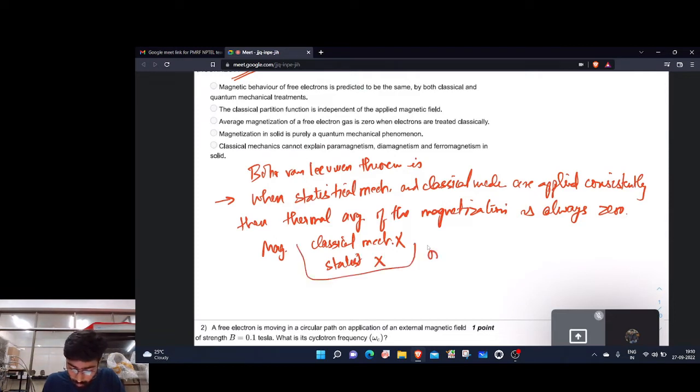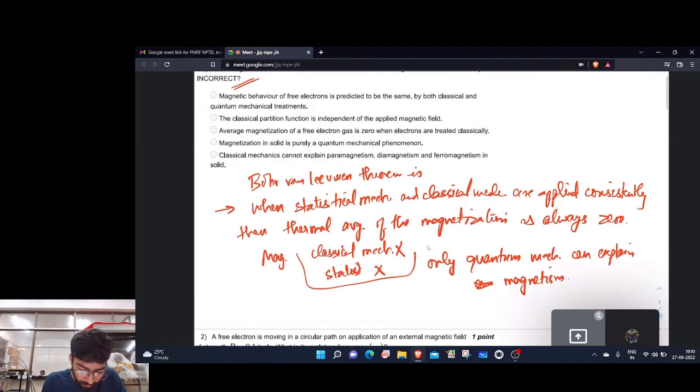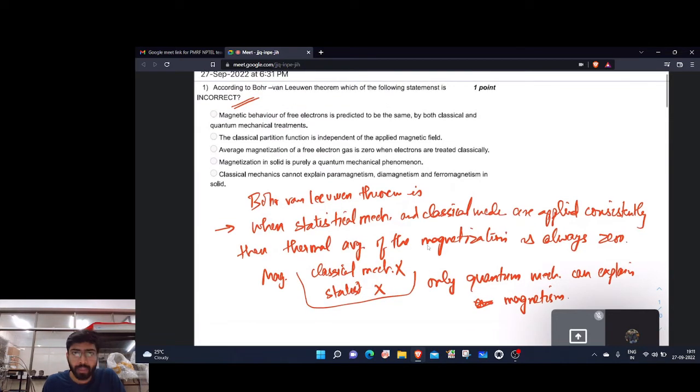Only quantum mechanics can explain magnetism, which means that magnetization is purely a quantum mechanical phenomenon.